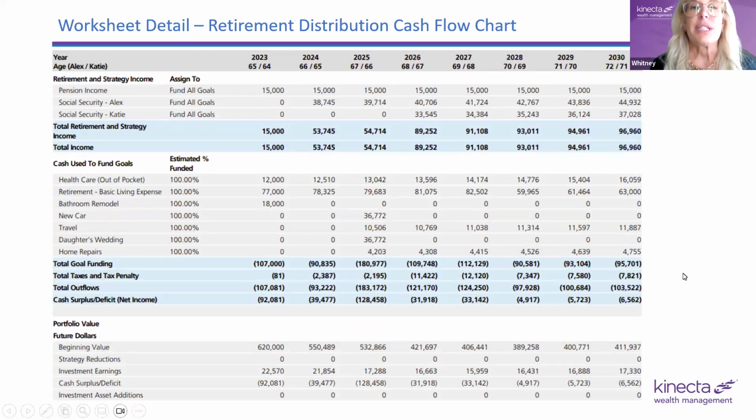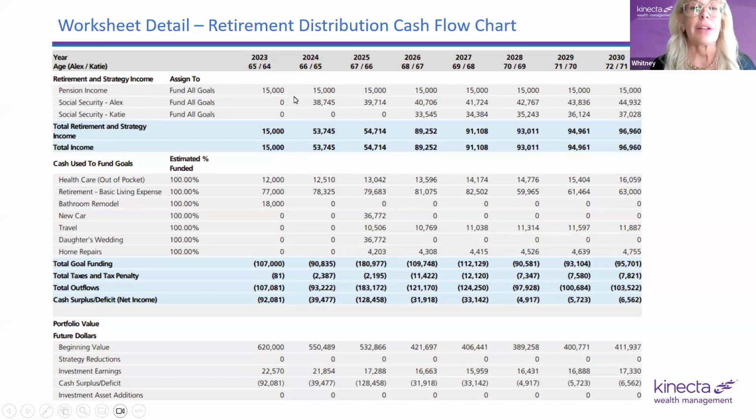And so this particular slide is one that our members really, really value in the financial planning process. And this is where we're going to take a look at your retirement distribution cash flow. And this is where all the numbers come together. And I hope you can see this okay. But the top part here is all of the income coming into the financial plan.